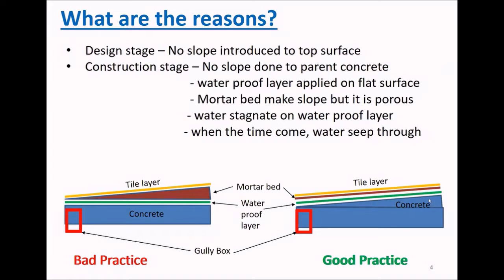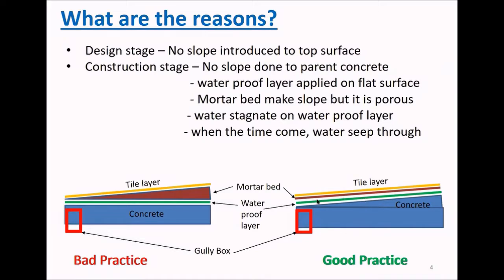The good practice is that we have to do the concrete slope, parent concrete slope. Then there is no problem. Even though water comes to this waterproof layer, there is a possibility for water to flow to the gully direction, gully box, right?